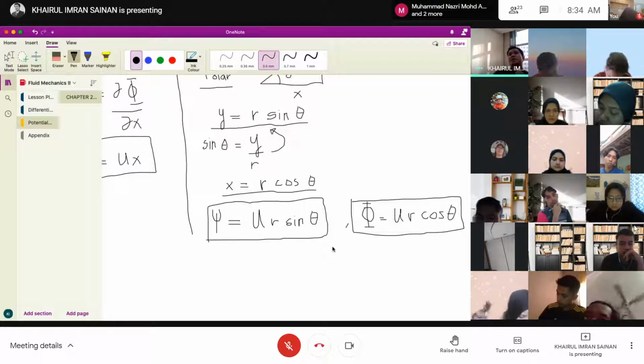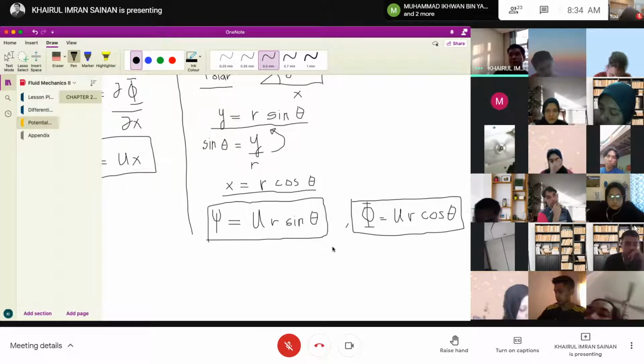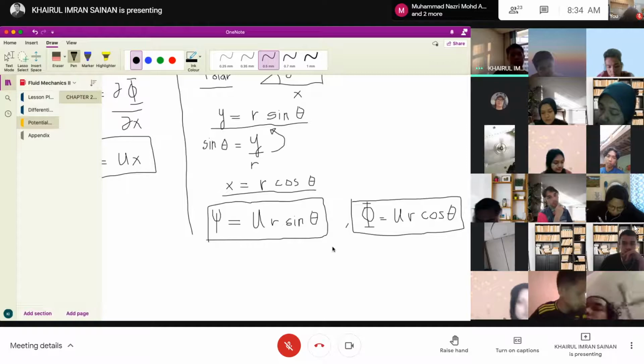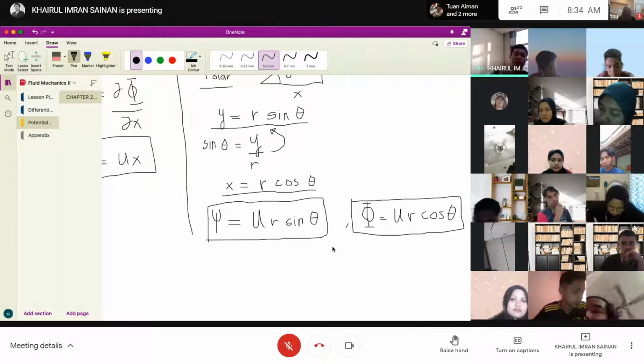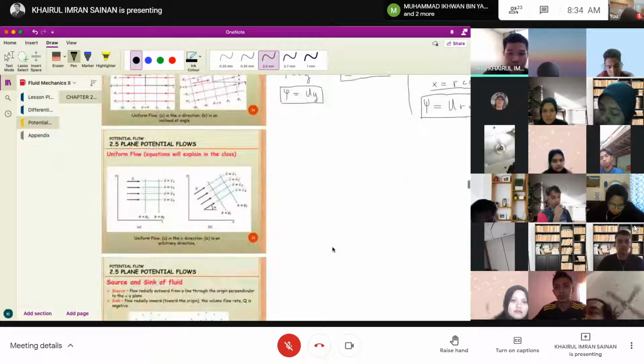Perhaps if it goes to psi number 3, the angle will be increased, right? Perhaps the R will be the same, but the angle will be increased. So similar recipe. Okay, any question?